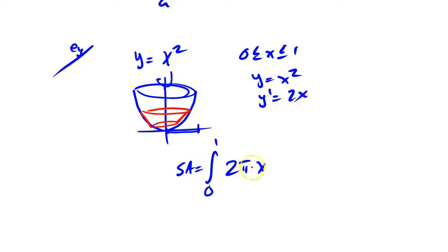And 2 pi times x, x is the radius here, so the distance around is 2 pi x, and then the width of that thing is ds, so that's the square root of 1 plus the derivative squared. 1 plus y prime here, which is 2x squared times dx.